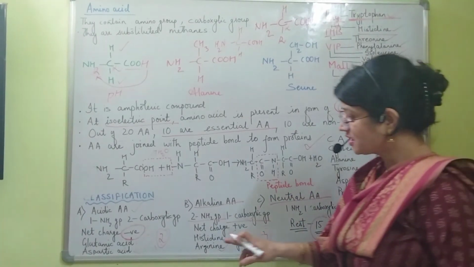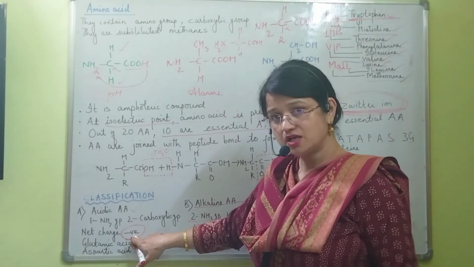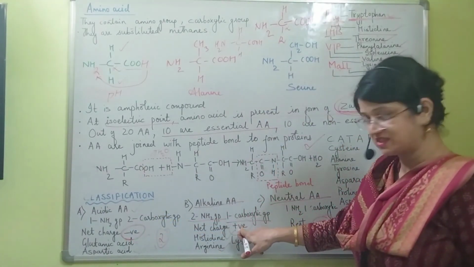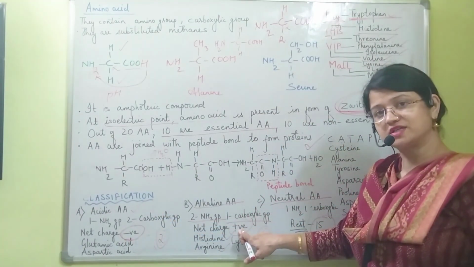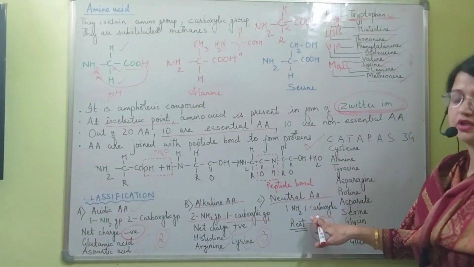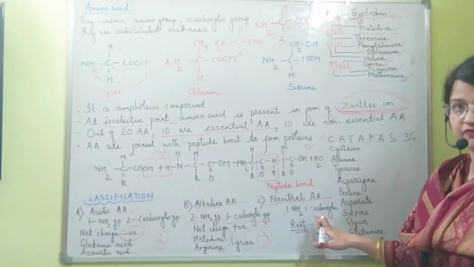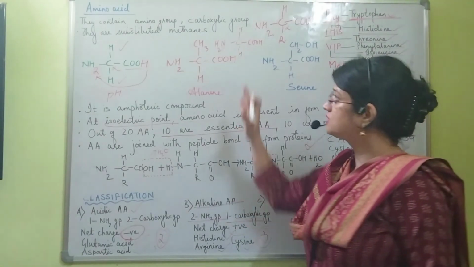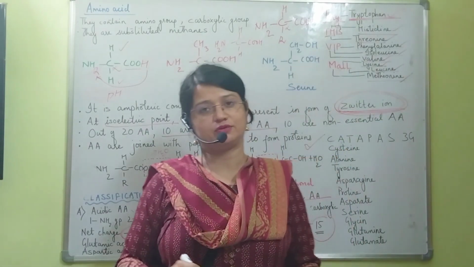Clear? Since acidic ones are negatively charged, they will move towards the anode. These are positively charged, they will move towards the cathode. And these are neutral, so they will not move in the electric field and they are present in the form of Zwitter ion. So this was all about amino acids.